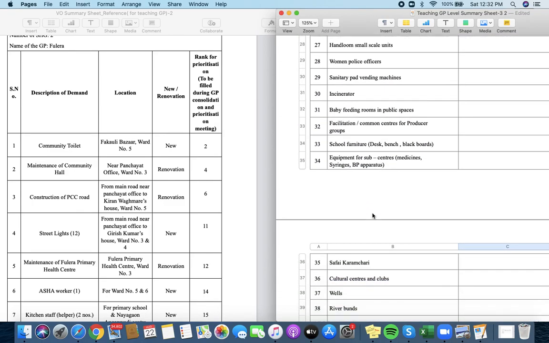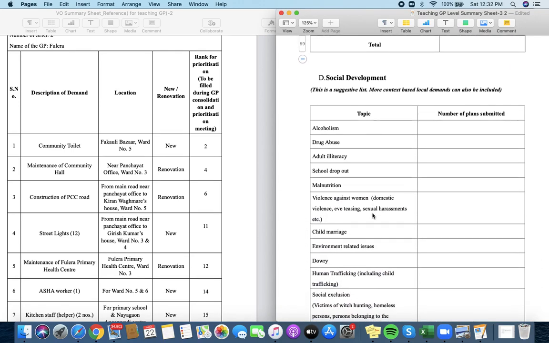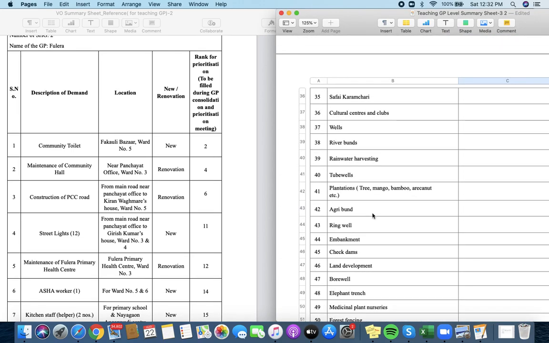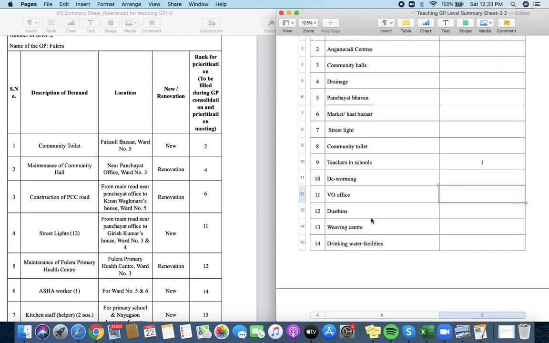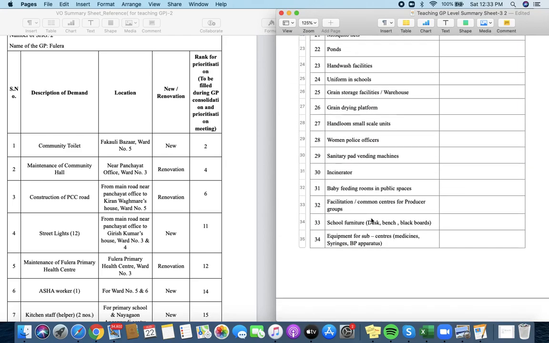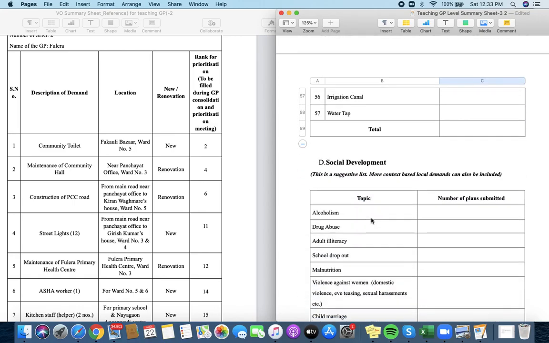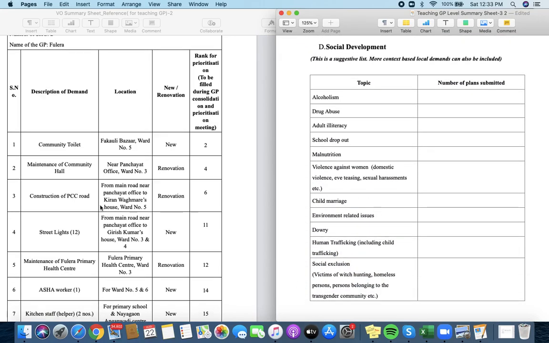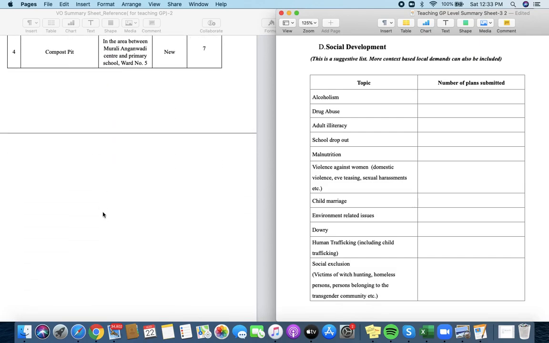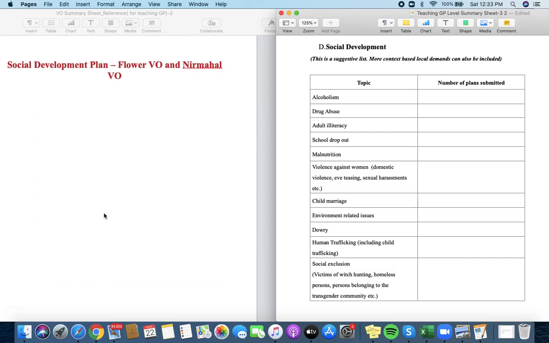In a very similar way, we will also fill in the format for resource development. For resource development, we will keep on adding and fill it. Now I'll show you how to capture the format for social development.